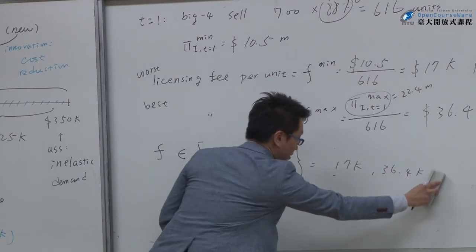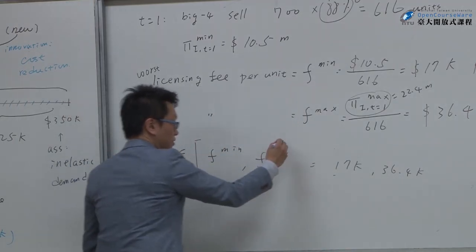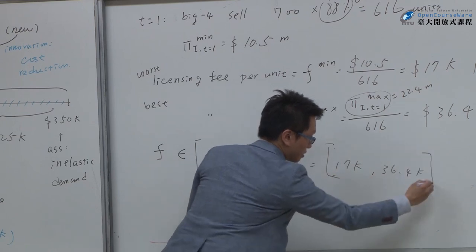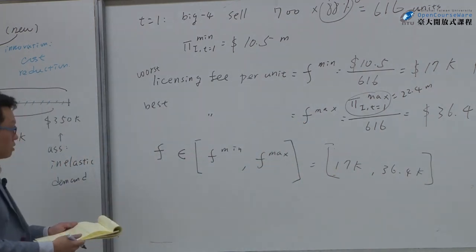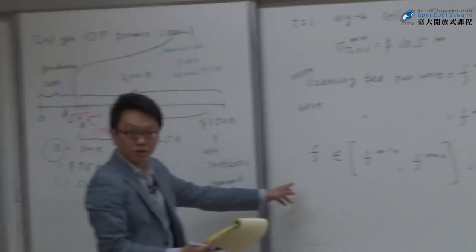I need to be more careful. This is not a set. This is a range. So you need to use square brackets. Okay? Any question on the licensing fee calculation?